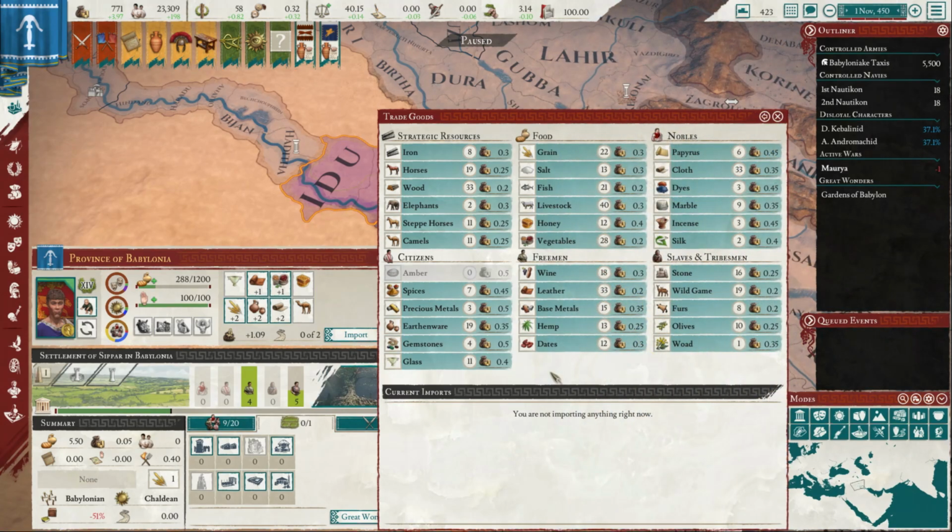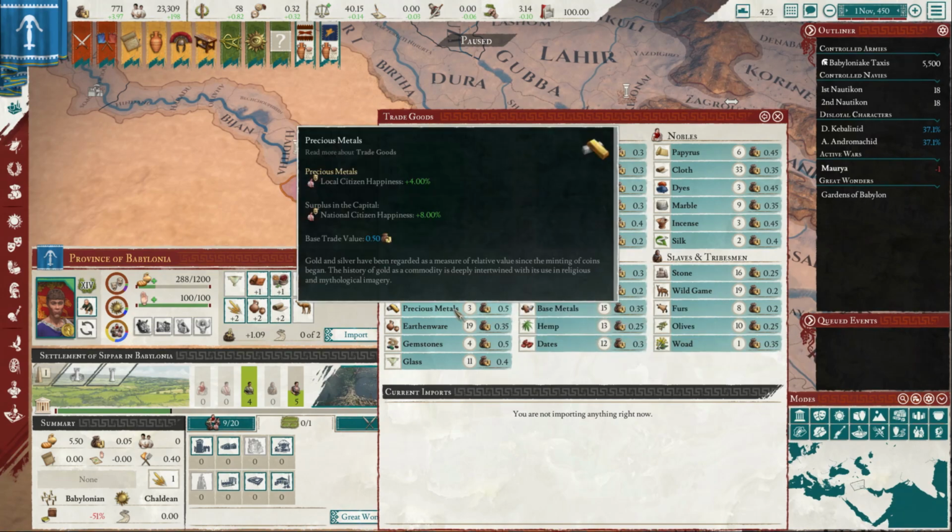Trade goods are also a good way of increasing pop happiness. Try to get a surplus of trade goods in the capital that provide you with a nationwide bonus to a certain pop type. For example, the surplus of precious metals is a good one, and it provides the player with an overall increase of 8% to your national citizen happiness, no matter their culture.